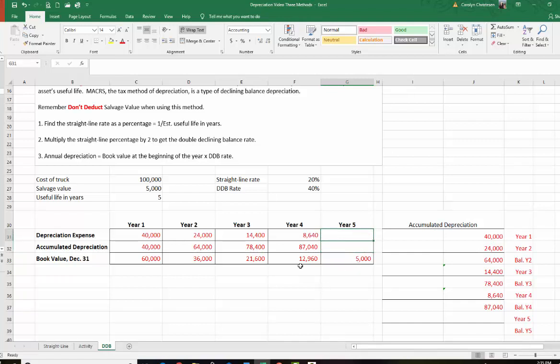What we're going to say is we need the amount of depreciation that's going to bring us from 12,960 down to 5,000. So it's equal to 12,960 minus 5,000. This depreciation expense is equal to last year's book value minus the 5,000, which is our salvage value and our final book value.